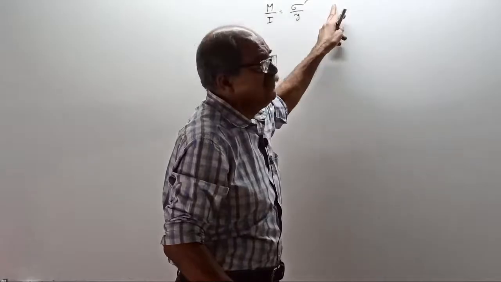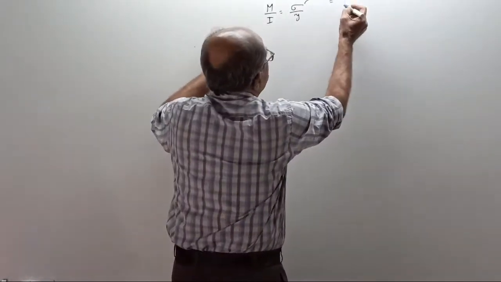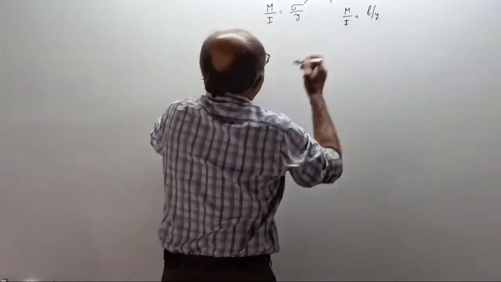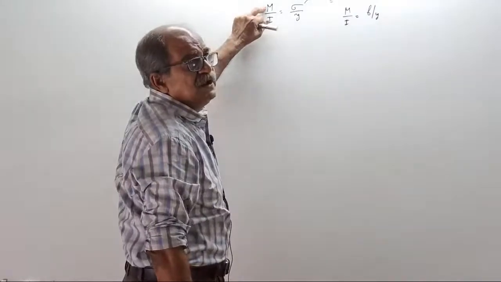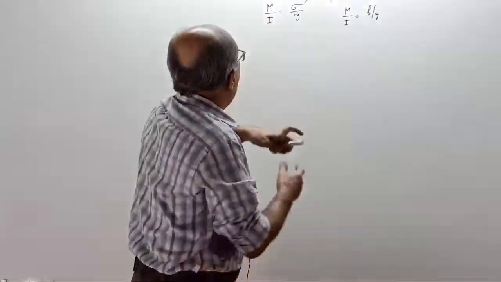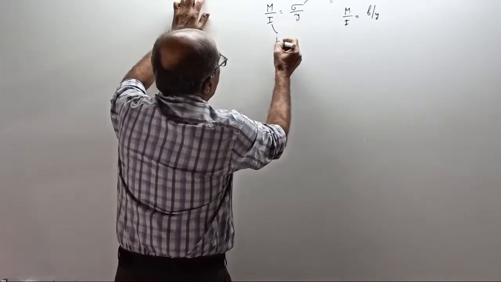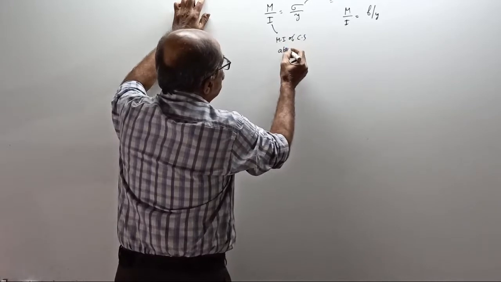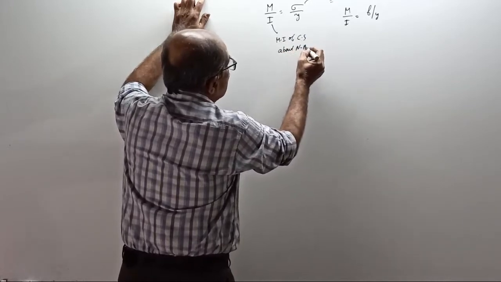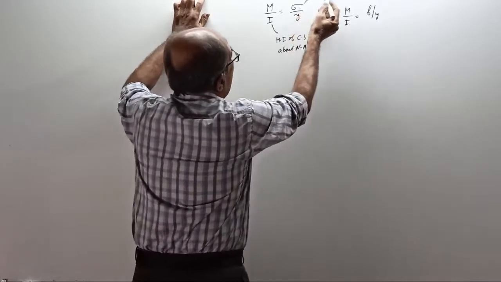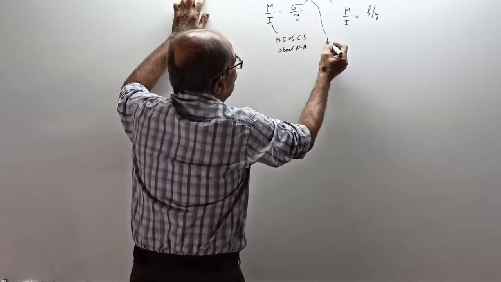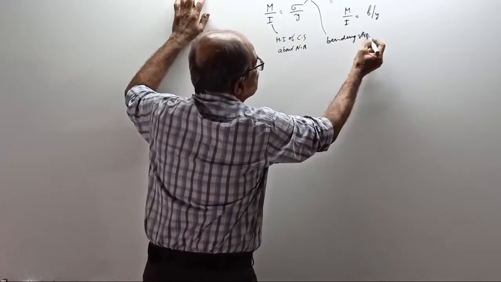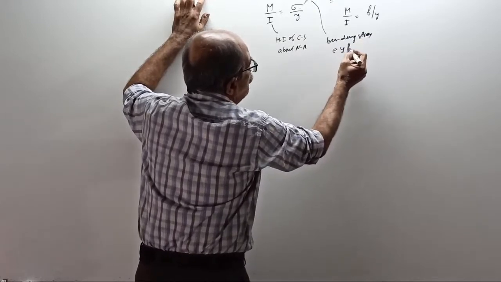So you can use F, and then the theory will be M by I equal to F by Y. M is the bending moment for the cross section. I is the moment of inertia of the cross section about the neutral axis. Then sigma or F is the bending stress at Y from the neutral axis.